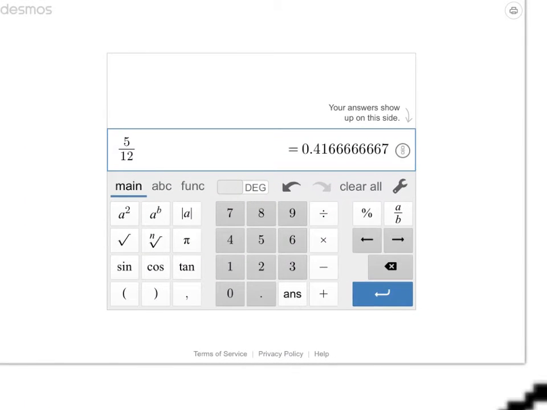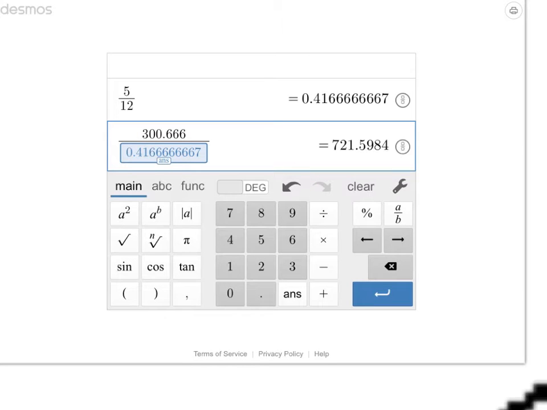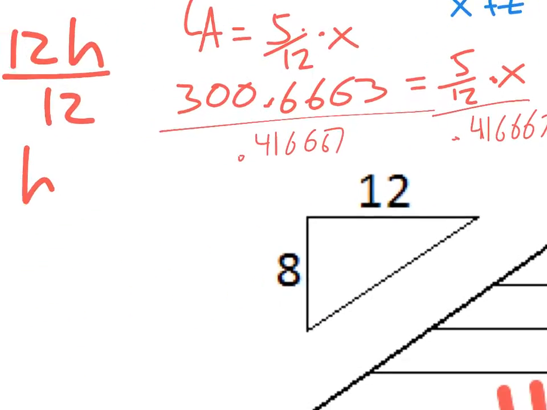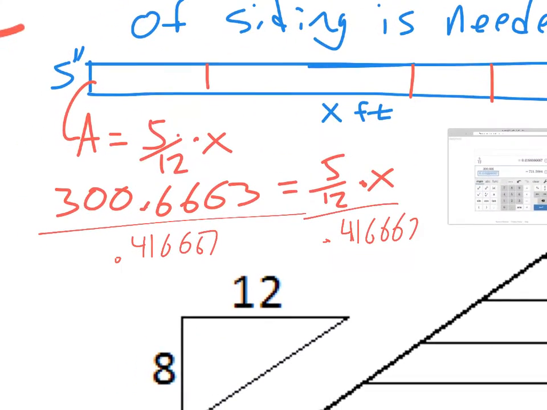So if we take 300.6, and we divide that by the 0.416, we get 721.59. All right. So 721.59. So what that tells us is that we would need that many feet, 721.59 feet.